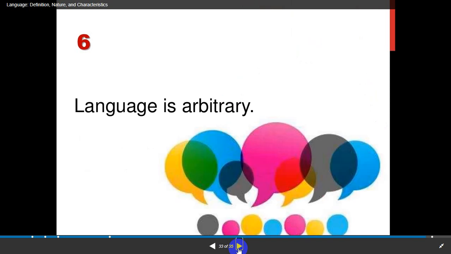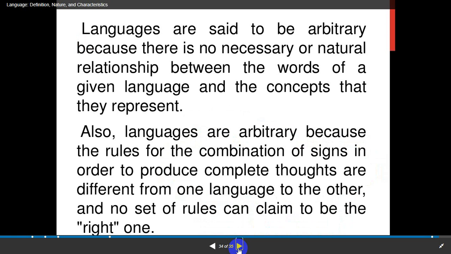Language is arbitrary. You can use the language in any manner, in any way, as long as you can communicate. Languages are said to be arbitrary because there is no necessary or natural relationship between the words of a given language and the concepts that they represent.